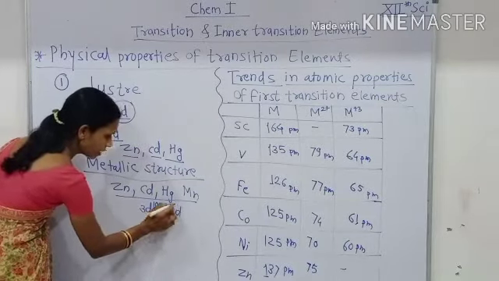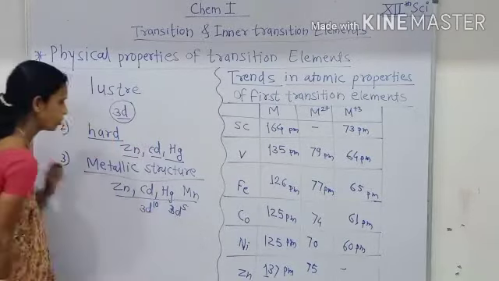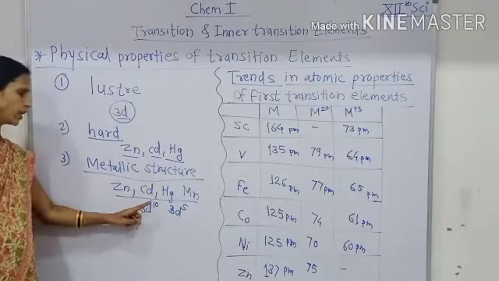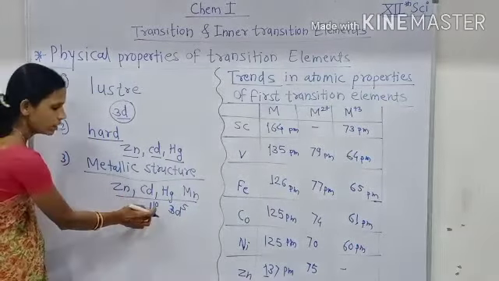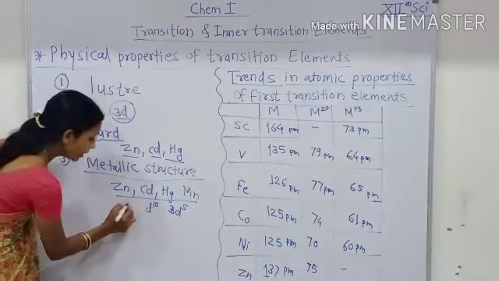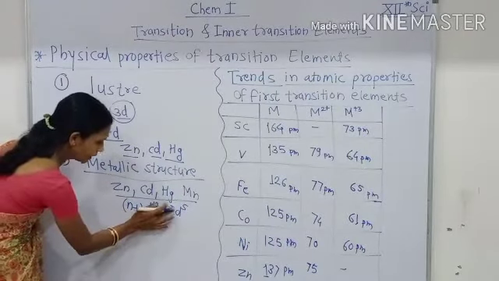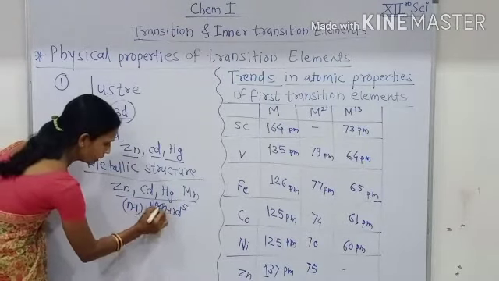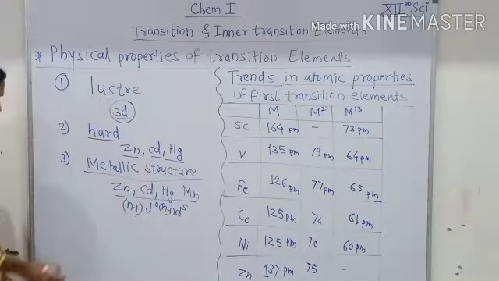Manganese has half-filled 3d orbital, and zinc, cadmium and Hg have completely filled n-1 d orbital. Therefore, they do not show the metallic structure.